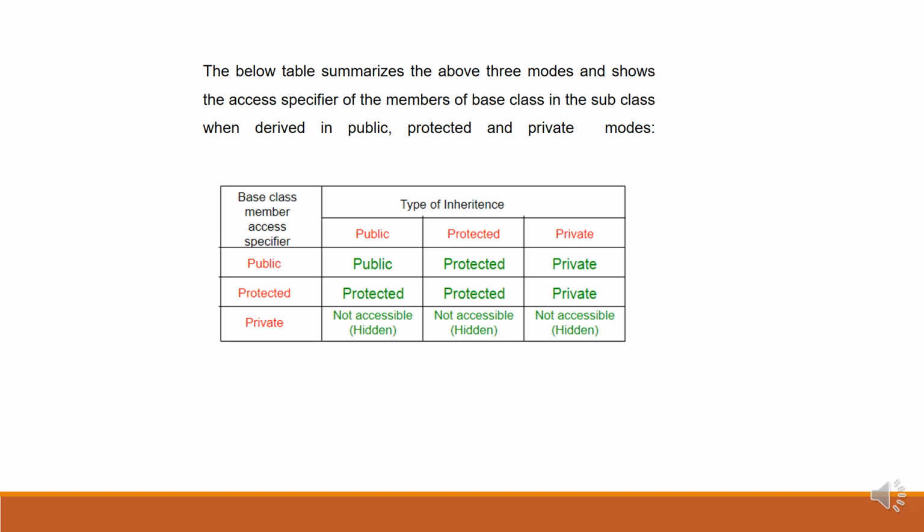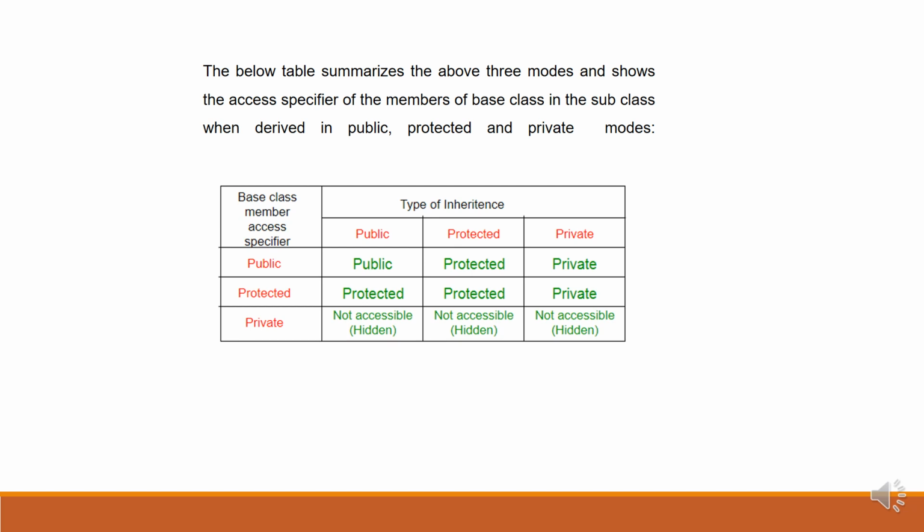The table here summarizes the concepts. When the mode of inheritance is public, as indicated earlier, the access level of base class members remains unchanged. That is, public base class members become public in the derived class and protected base class members become protected in the derived class.